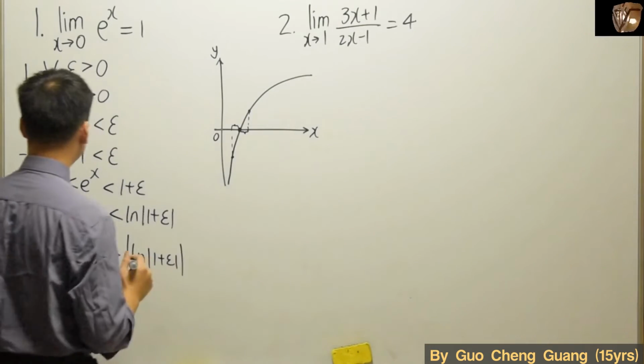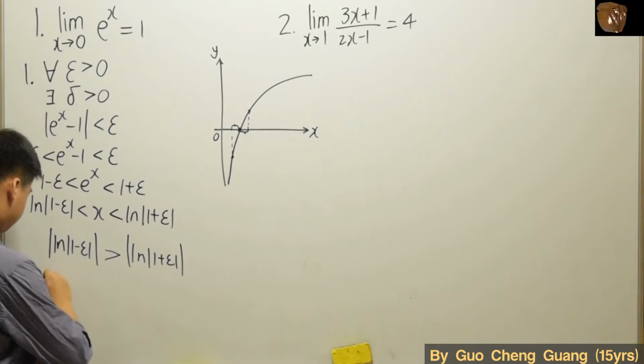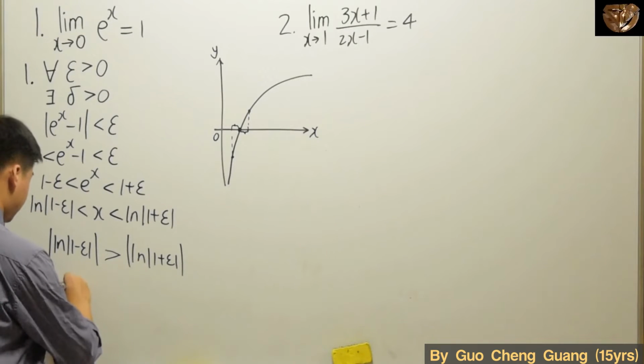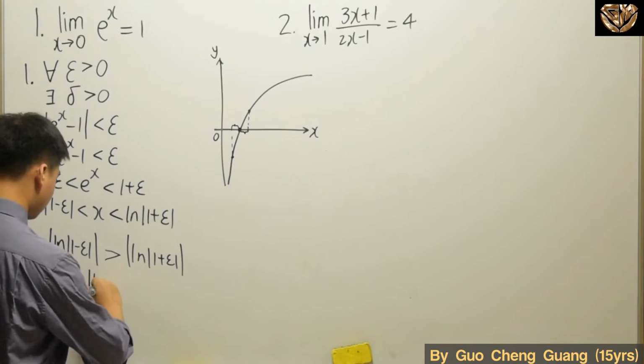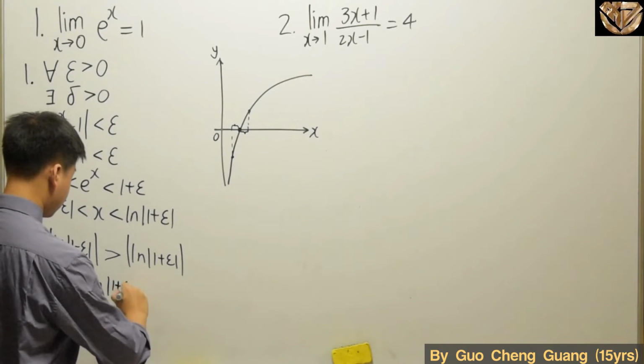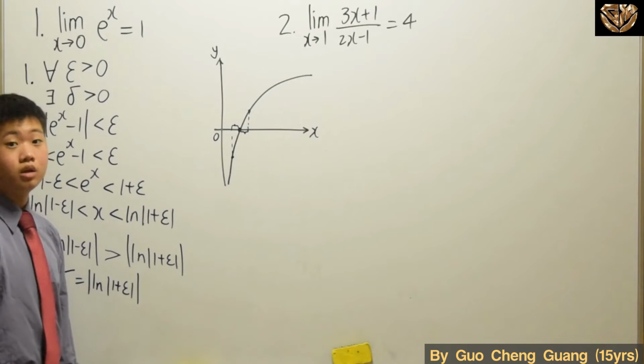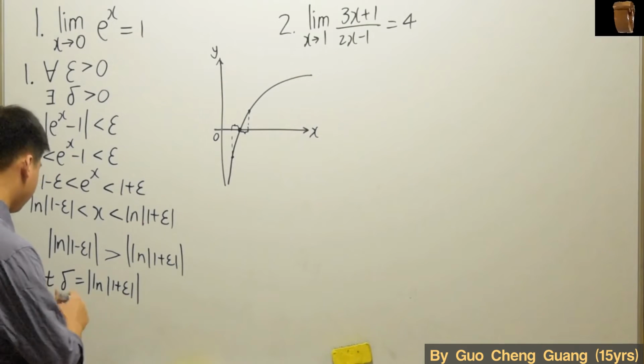That means we can let, what do we let? We let delta be ln of 1 plus epsilon. Okay? So this will be our delta.